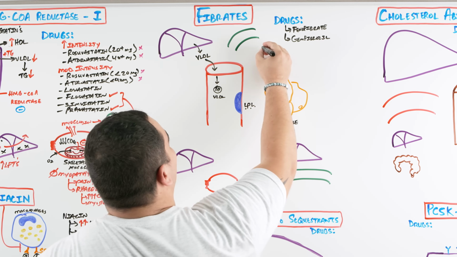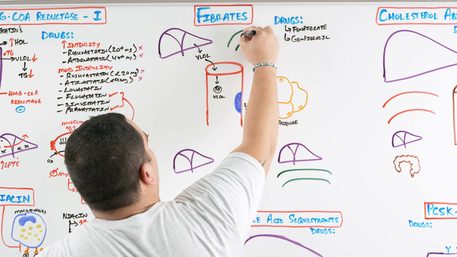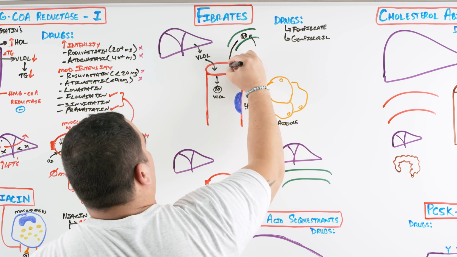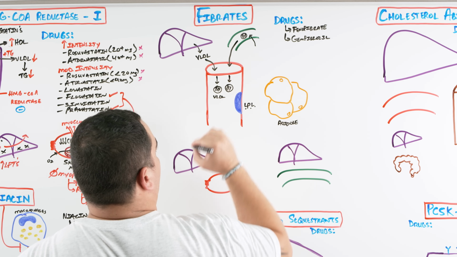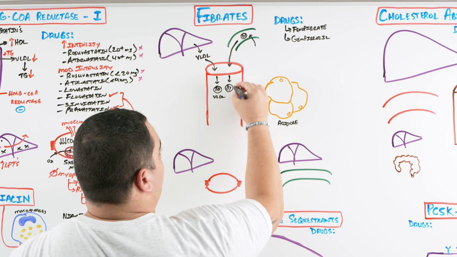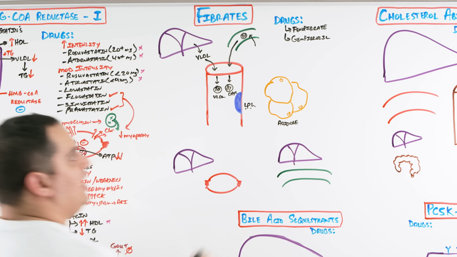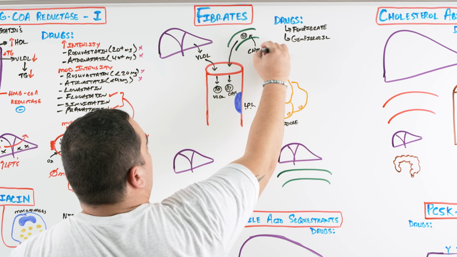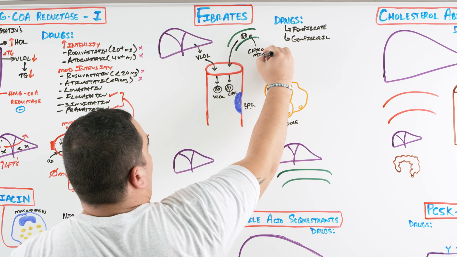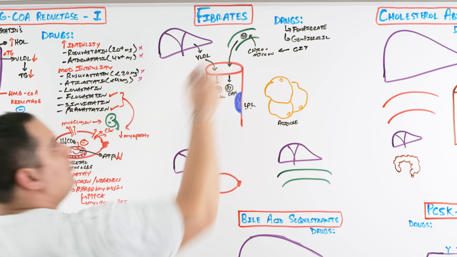Good question. So from the intestines, you absorb a molecule here that carries a lot of triglycerides and a lot of cholesterol as well. And this molecule is called chylomicrons. I'm going to put CHYL. This is a chylomicron, coming from the GIT. So from the GIT, you're going to absorb this chylomicron.